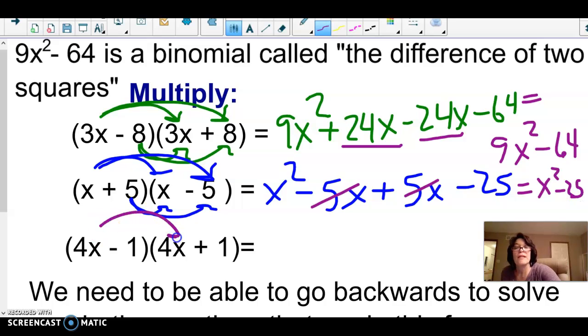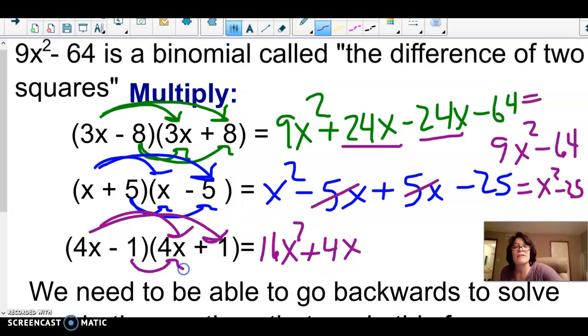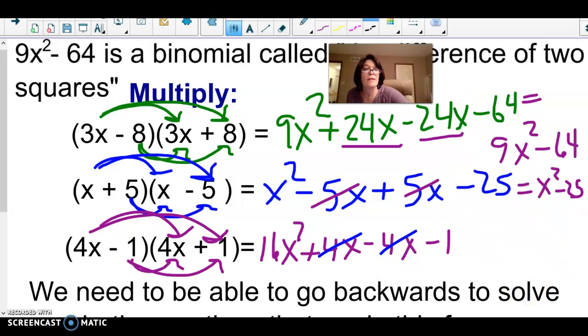And the next one, 4x times 4x is 16x squared plus 4x minus 4x. See the pattern here, gang? Negative 1 times positive 1 is minus 1. They cancel. I end up with 16x squared minus 1.